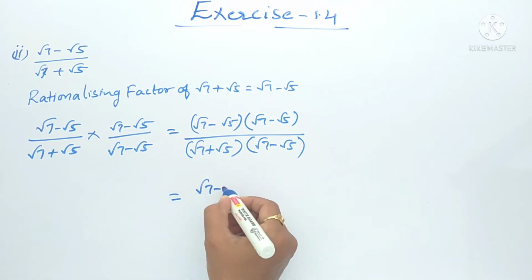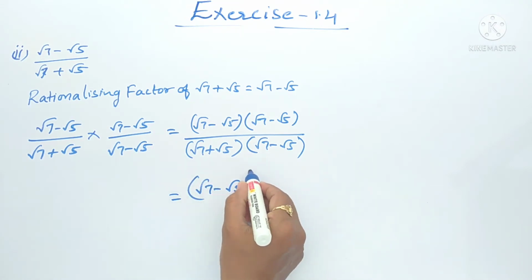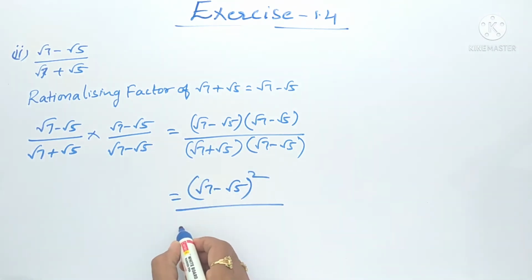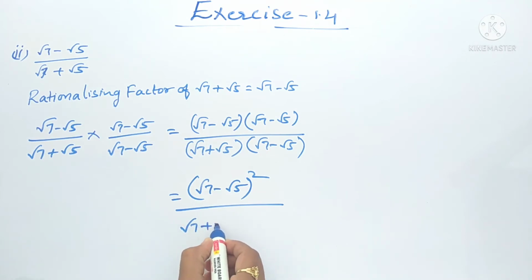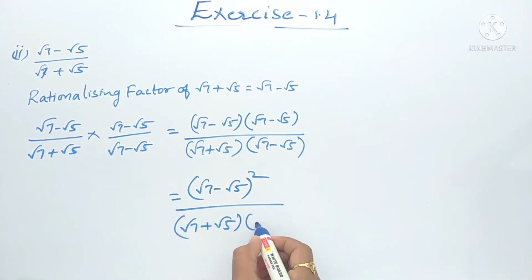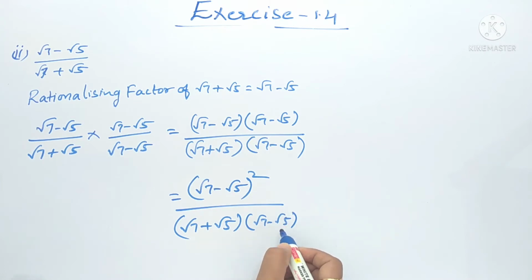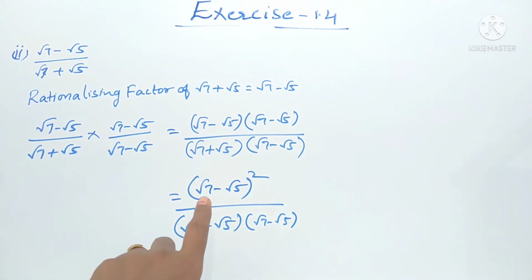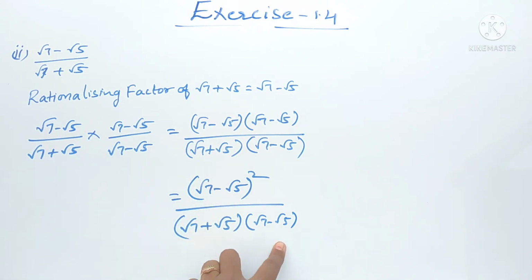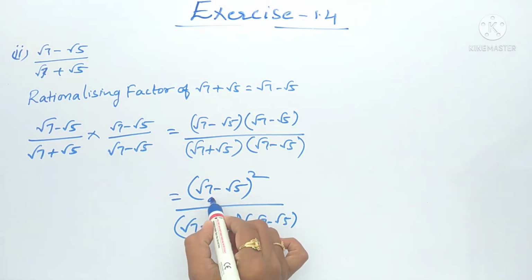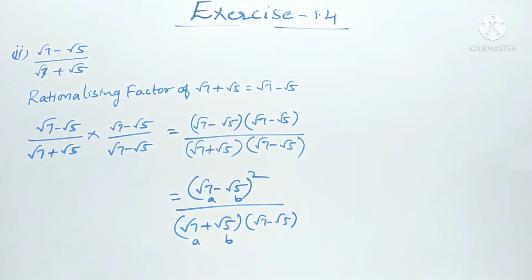So this is (√7 − √5) whole square by (√7 + √5) into (√7 − √5). Now you see this is in the form of (a − b) whole square and this is in the form of (a + b) into (a − b). In the place of a, √7 and in the place of b, √5 is there.